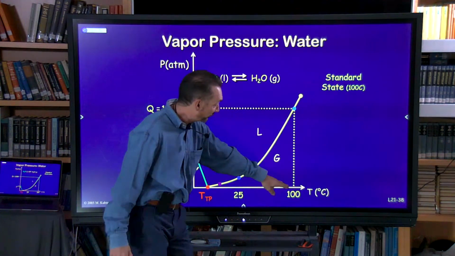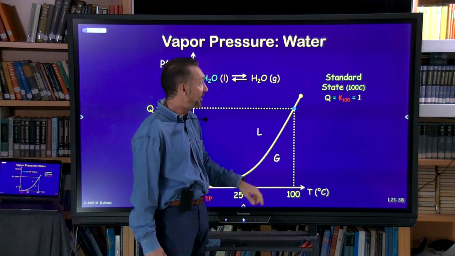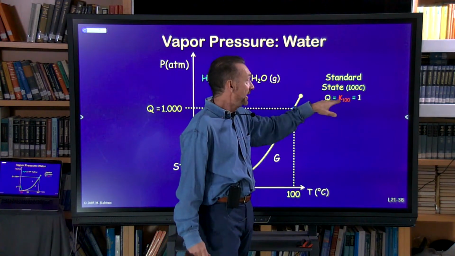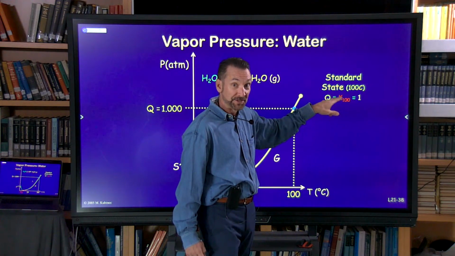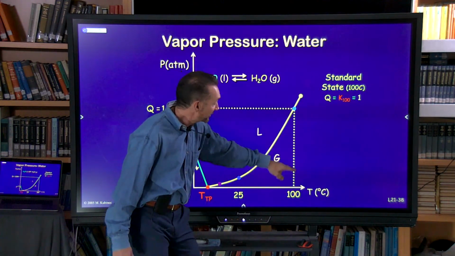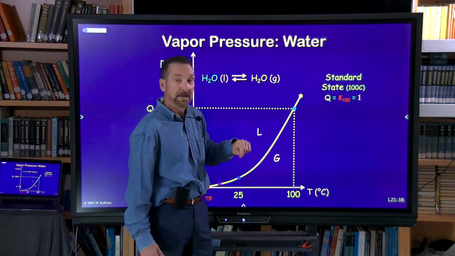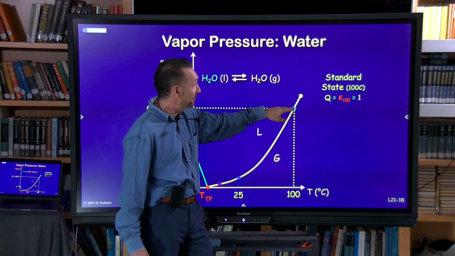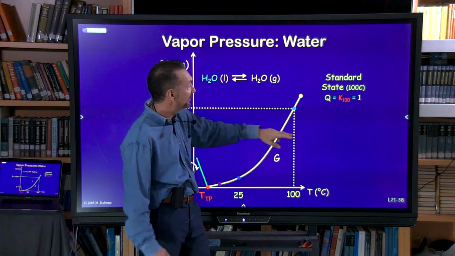In particular, if we're here at 100 degrees, the standard state, 1 atmosphere of water vapor, then Q is 1, K is 1 in this situation. Because 100 degrees, 1 atmosphere is the equilibrium condition. We are on that line at 100 degrees C and 1 atmosphere of vapor pressure.